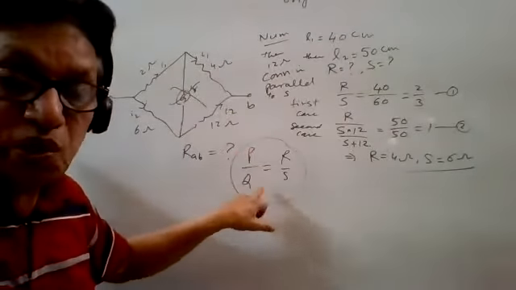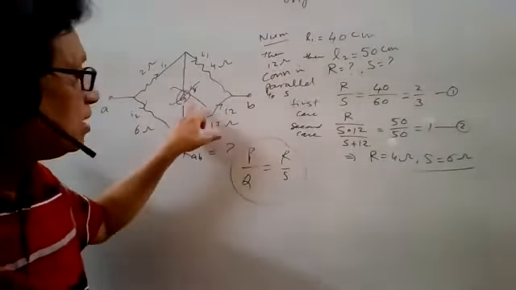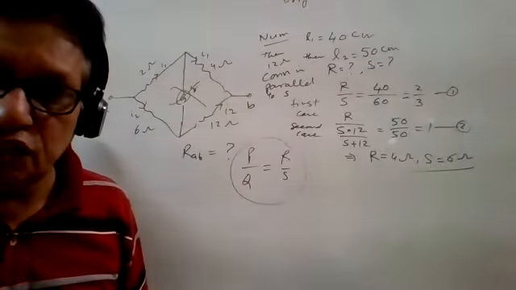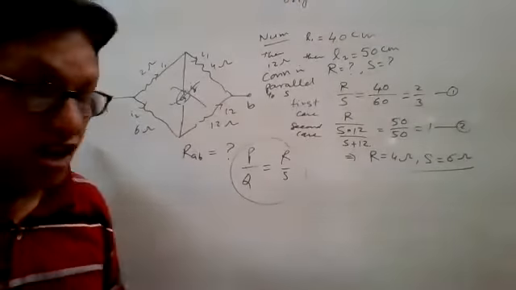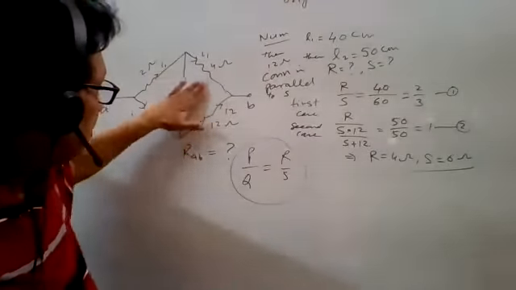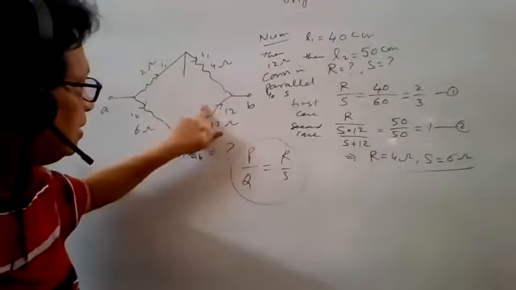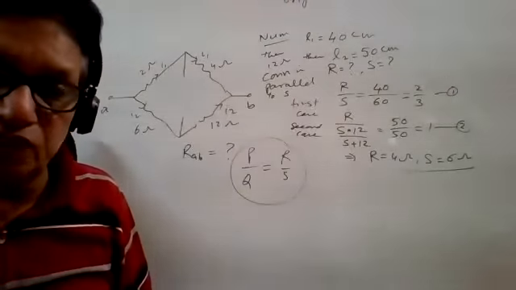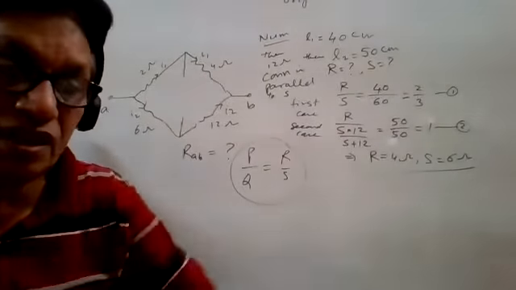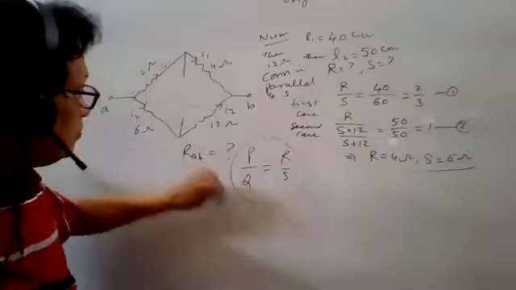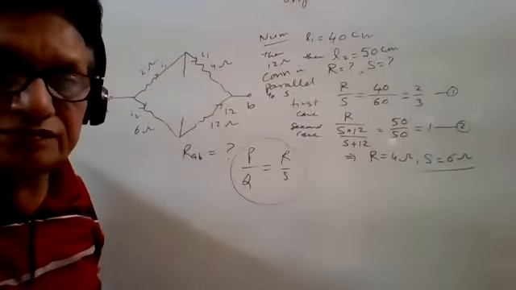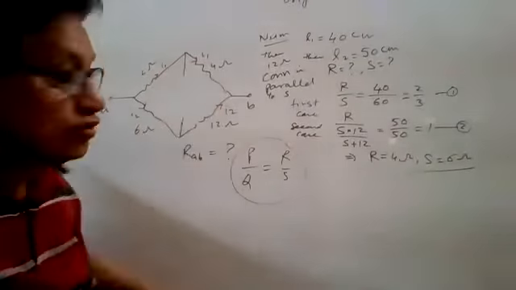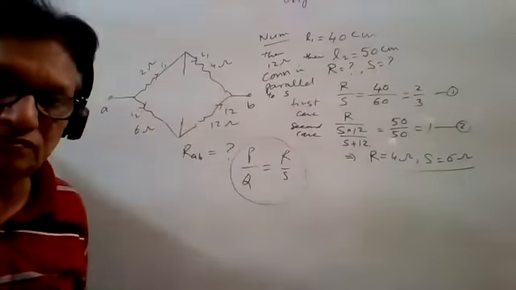It is true only when the galvanometer current is zero. That is why we have removed it. If this condition is satisfied, it means current is zero, and the condition can be proved or derived. Got it? That is why we have removed it in this numerical problem also. Got it?